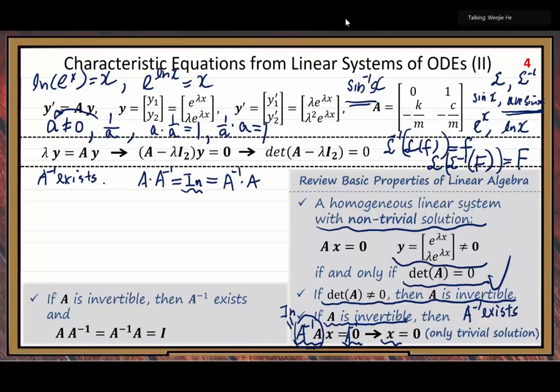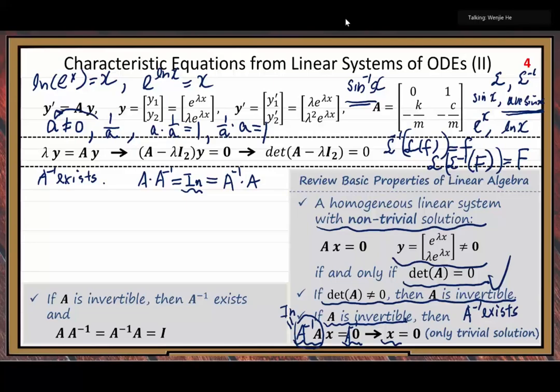So you can do manipulations using the matrix inverse. If the inverse does not exist, then you cannot do calculations like this. So the existence of the inverse is important.